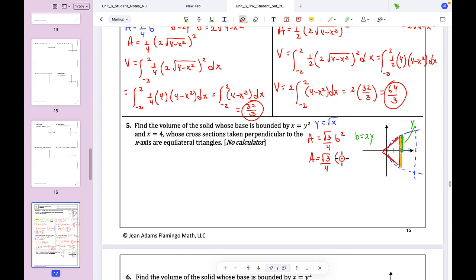What's y? y is the square root of x. So it's going to be 2 square root of x, right? Base is 2y, squared. Okay, so we have our volume. We are integrating from 0 to 4 of square root of 3 over 4 times 2 square root of x, squared dx, right?